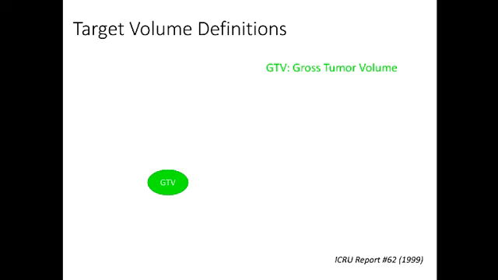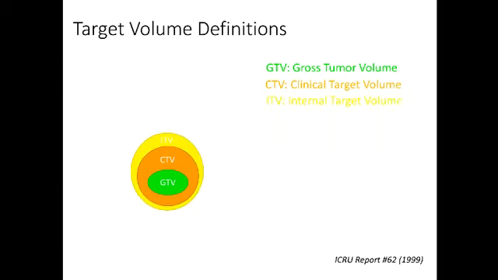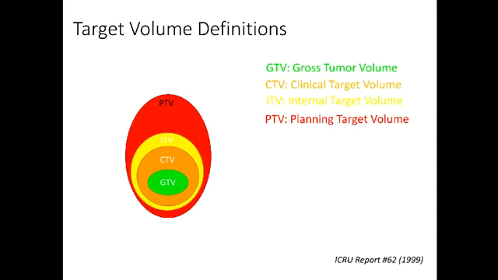And here are the definitions. You've got the gross tumor volume, the GTV. That's something that you can palpate or something that you can see radiographically on imaging. It's expanded into a clinical target volume, a CTV, and that typically accounts for the spread of occult disease that you can't see on imaging. Then there's an internal target volume that accounts for motion of the tumor, physiological and other effects.